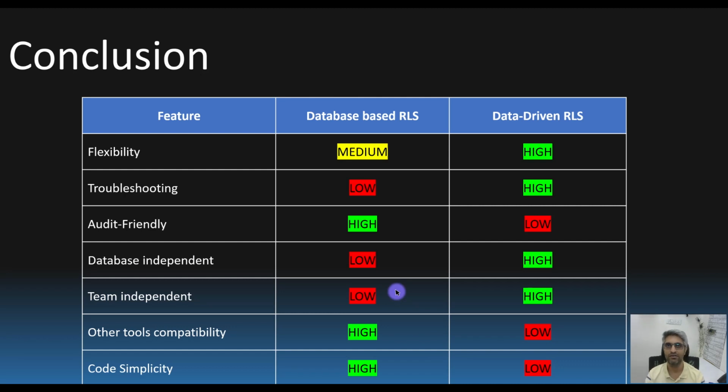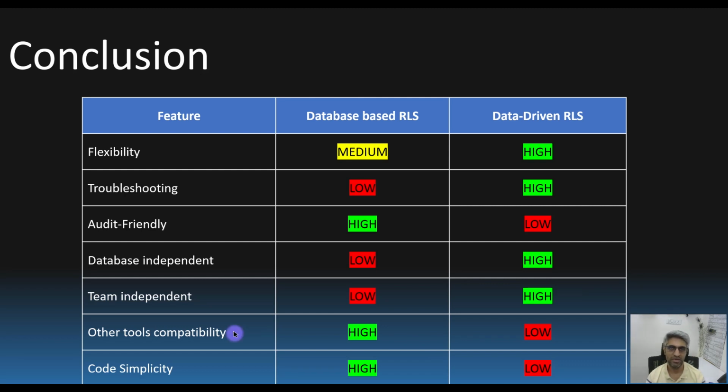There's a high degree of dependency on this team, which slows you down a little bit. But with data-driven RLS, it doesn't matter whether you own the database or some other team does. As long as you can deploy tables and functions, you have complete ownership, complete control, and very little dependency on this other team.